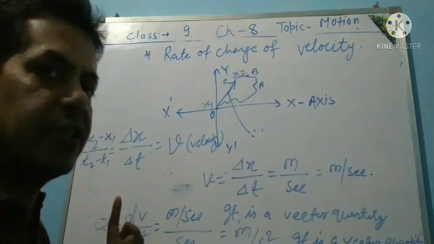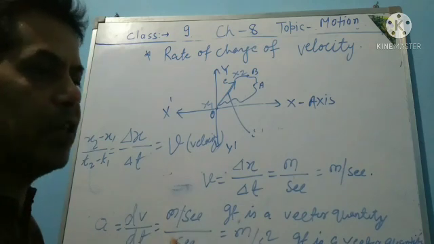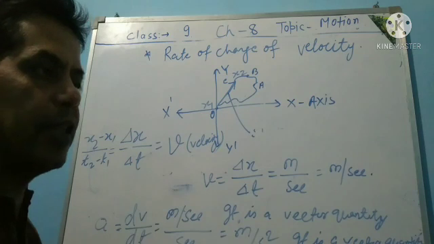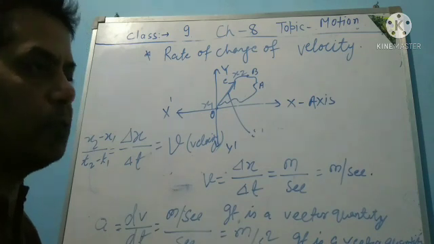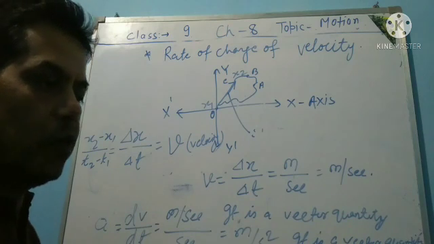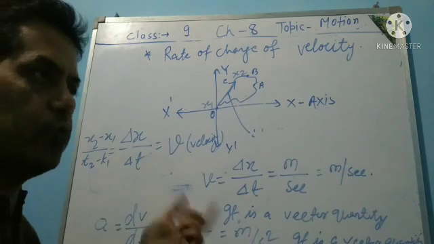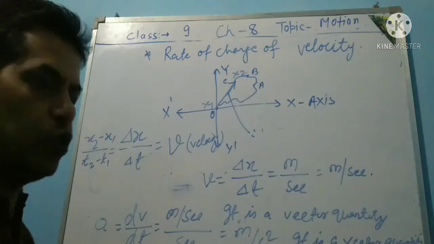In previous classes I explained why that term is a scalar quantity and that term is a vector quantity, because speed is only magnitude, no direction. Magnitude also explained, that is numerical value, that is magnitude.